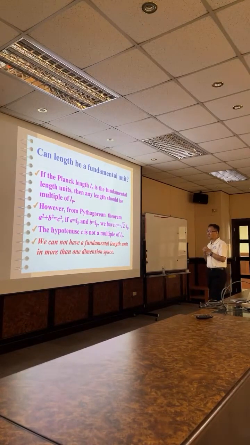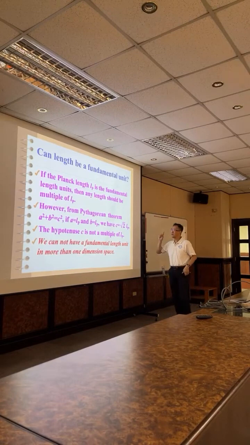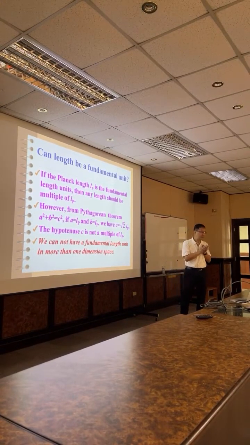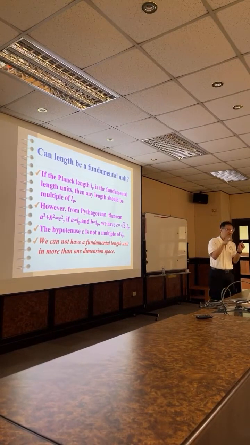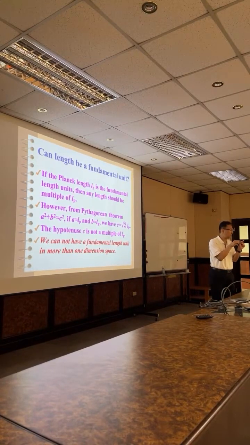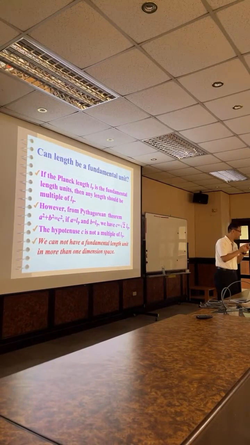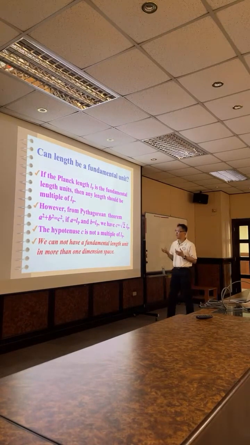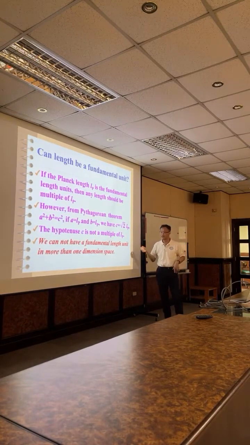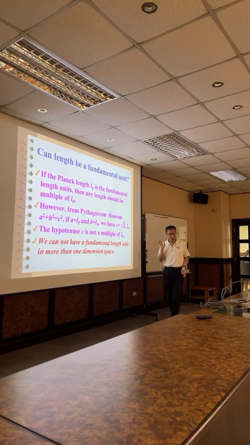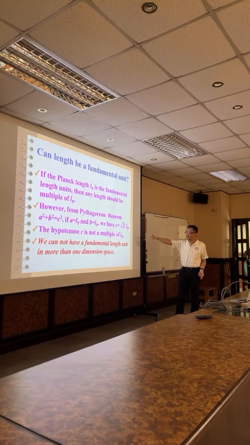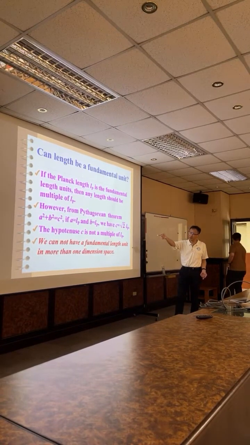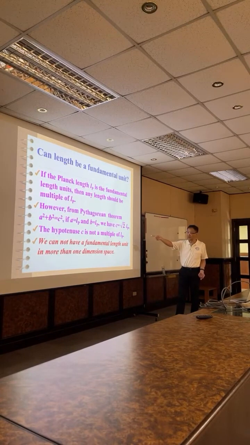Let's think: if length has a fundamental unit, the smallest length we have, then other lengths should be multiples of that fundamental unit. But we know the Pythagorean theorem, right? We have a squared plus b squared equals c squared, which you learned in junior high. Now assume a equals the Planck length and b equals the Planck length.